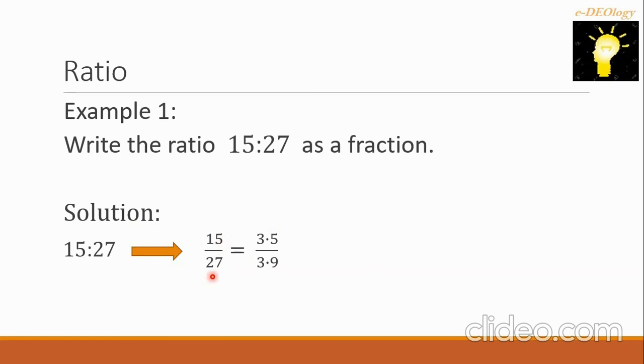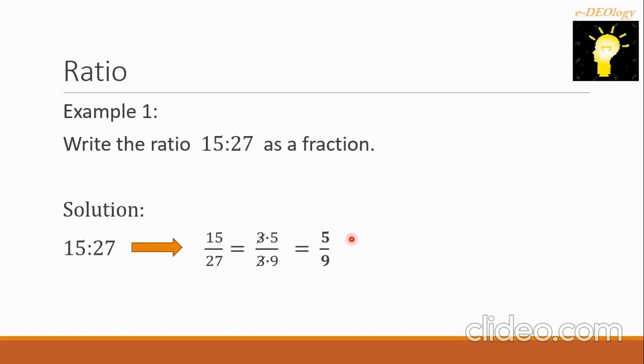The 27 is factored into 3 times 9. The 3 is common to the numerator and denominator, so we can cancel the number 3, and what remains is 5 over 9. So the ratio 15:27 is now expressed as the fraction 5 over 9.